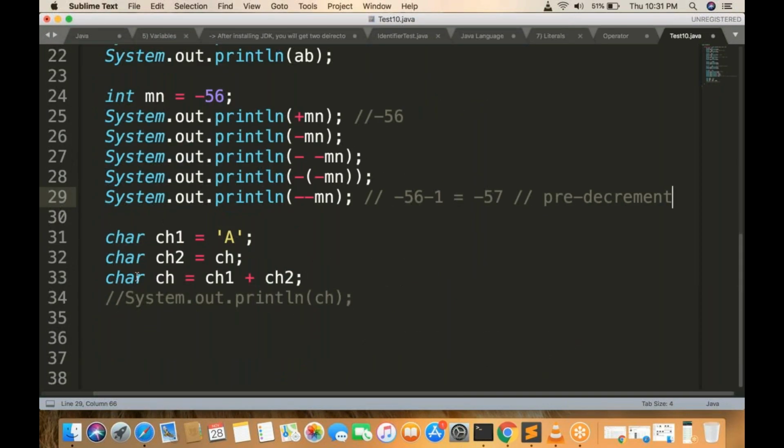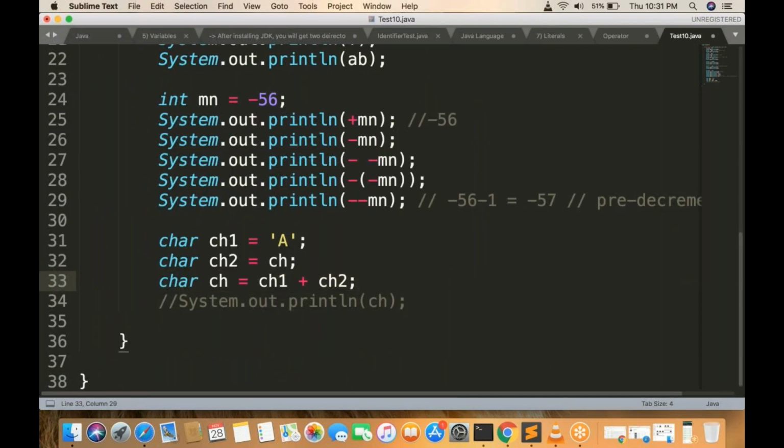But from here onwards, be careful. This is the binary operator, and the condition of a binary operator is that if both operands ch1 and ch2 are of type int or lesser than int, that means here ch1 is of type character, ch2 is of type character. So character is lesser than int type or wider than int type.